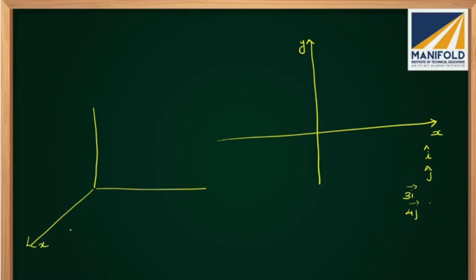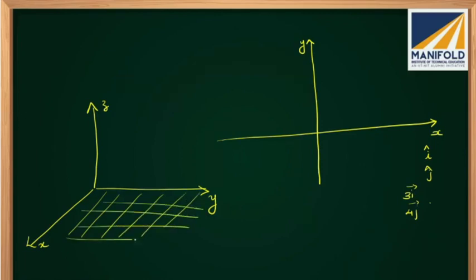Suppose this is the x-axis, this is the y-axis, and this is an axis perpendicular to both x and y. That means I have one plane here, which includes 2 dimensions. And once I have a vector which is perpendicular to that, the dimension has increased by 1, which means that is representing 3 dimensions, right?